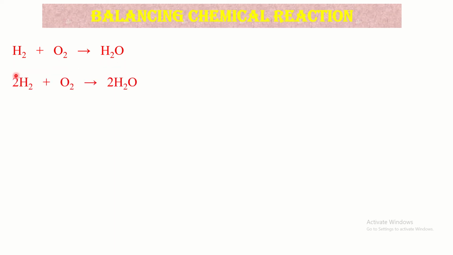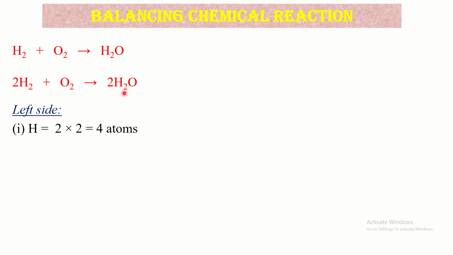So we will do what? We will multiply this hydrogen also by 2 and now the reaction is balanced. Now how will you understand the reaction is balanced? You have to count the atom number in the reactant side and in the product side.